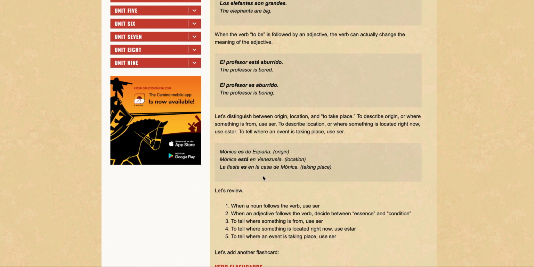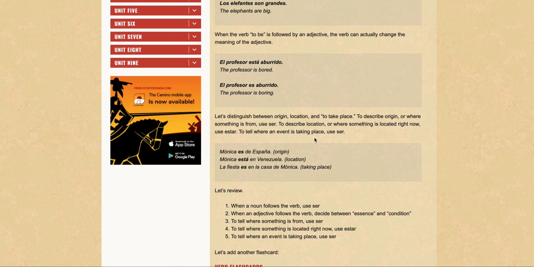Alright, and this is also good. So here there are three things. Anything to do with origin, defining origin, we use the ser form because that's a characteristic. That defines who you are, where you are from.